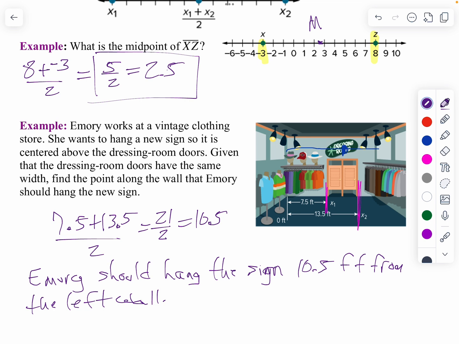You might be saying, hey, why doesn't she go from the right wall? Because it'd be a shorter measurement, and you're right. So we could say 10.5 or 13.5 minus 10.5, I'd say 3 feet from the right wall.